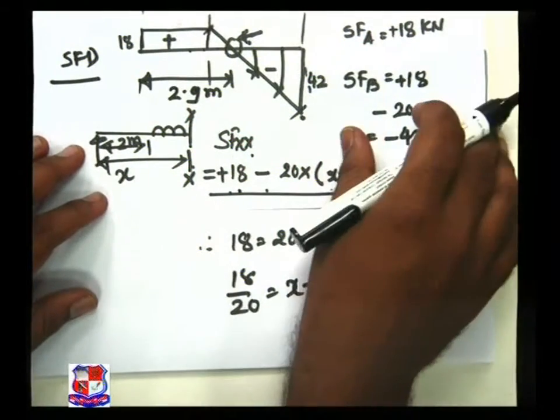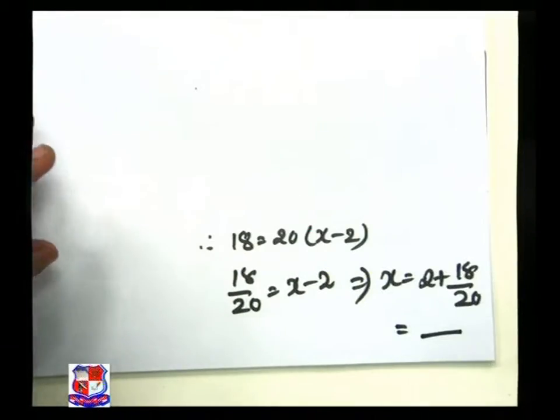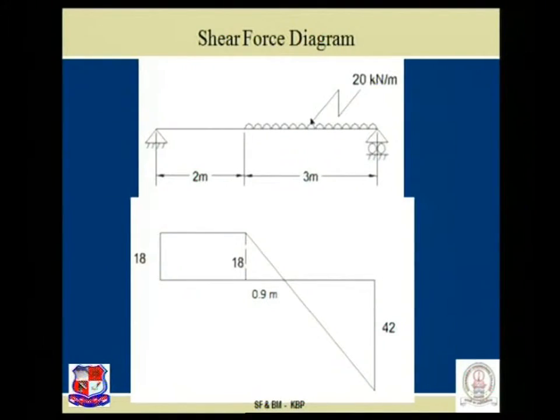So now let us go for the bending moment diagram. See over here the shear force diagram. Variation is given by a horizontal straight line, then an inclined straight line, and the distance 0.9 that you have observed over here is the distance between this point and this point.